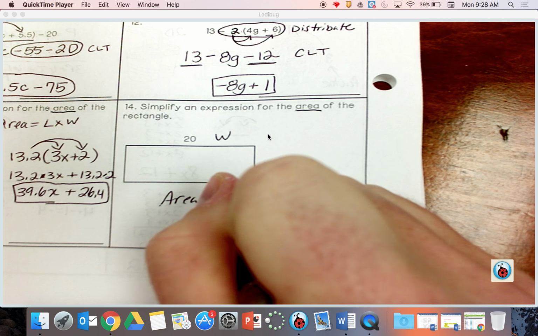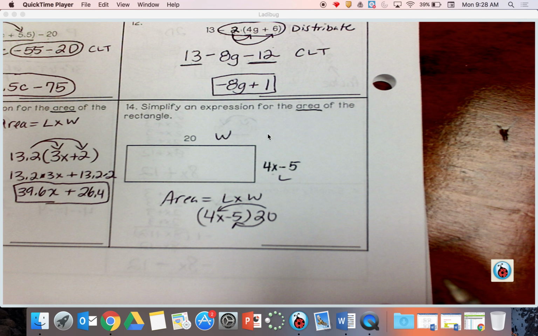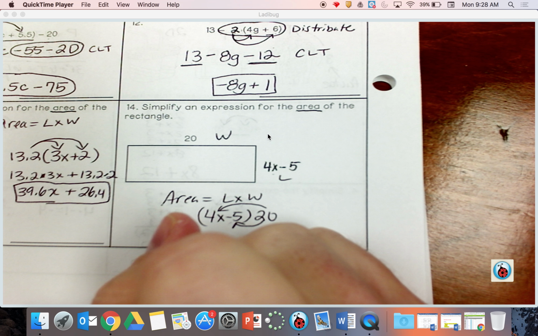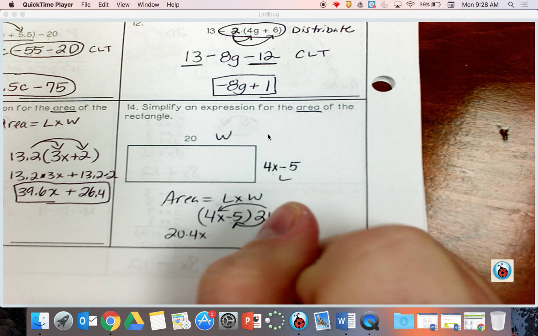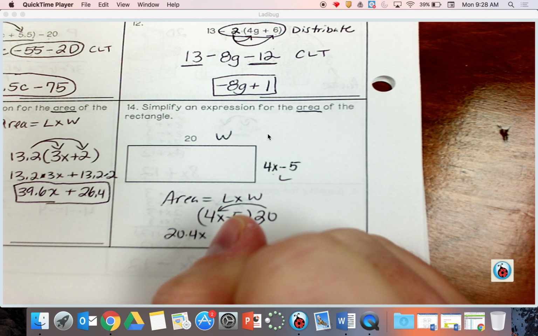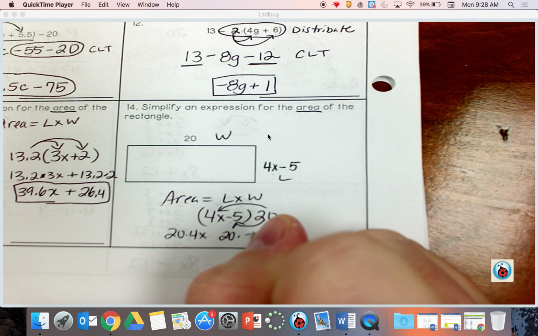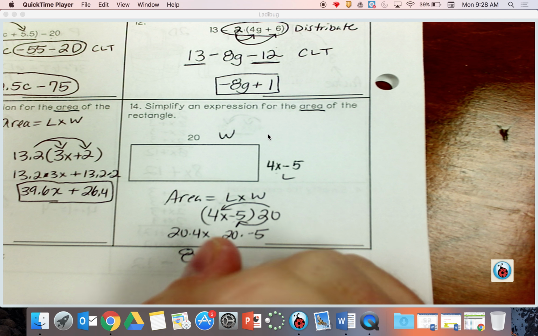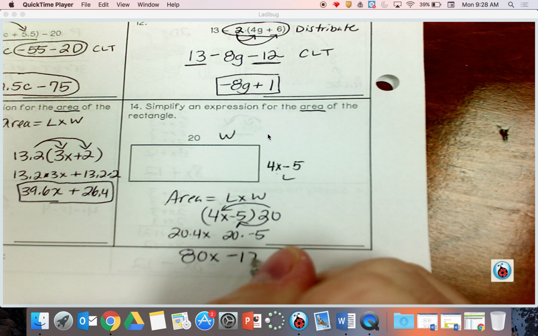So 20 times 4x and 20 times a negative 5. Watch my sign, it's a negative 5. When I do that, it gives me 80x minus 100.